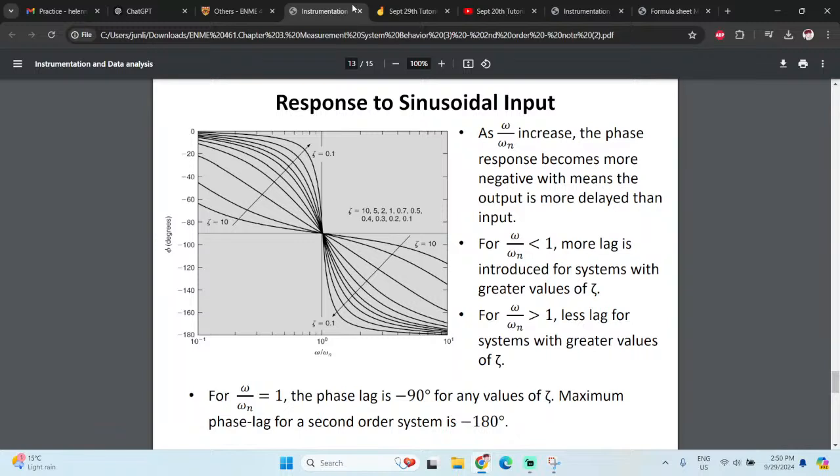So it's the magnitude ratio, right? Magnitude means the ratio between the amplitude at that particular time over the highest magnitude, right? The highest amplitude will correspond to the total time, right?